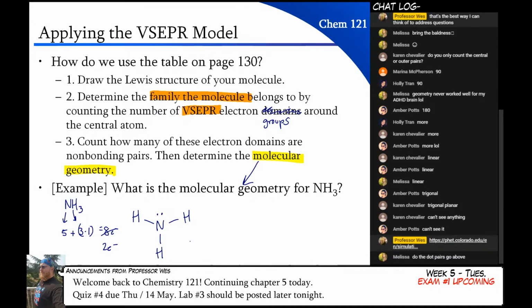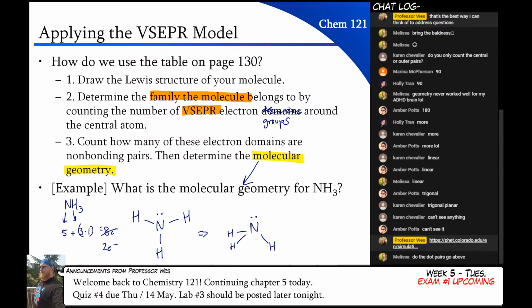Uh-oh, so my structure isn't really that good. This doesn't show the 4 electron groups very effectively. So I'm going to redraw it so that I show the 4 electron groups more effectively. There we go. That looks pretty good. So our Lewis structure is set. Now what I need to do is count the number of electron groups.